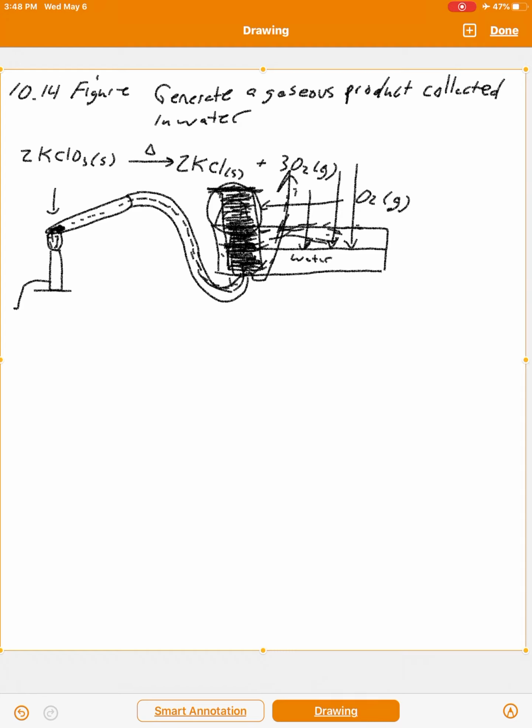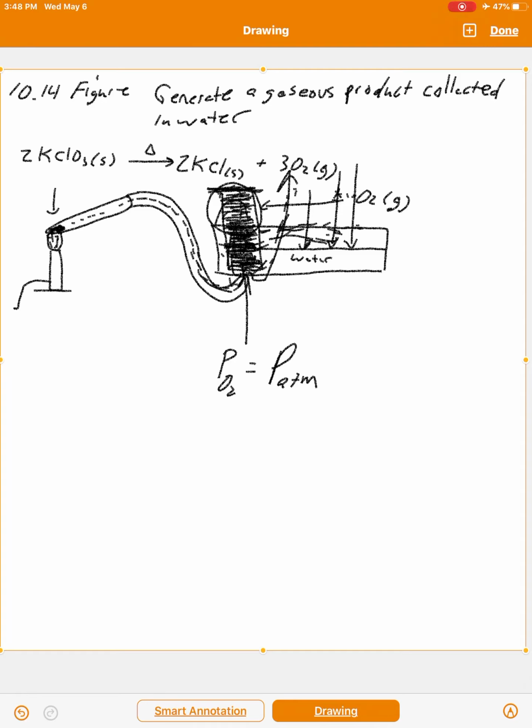So the pressure of the oxygen is equal to the pressure of the atmosphere, because if it gets any larger, it'll just bubble out until it decreases to that pressure. However, there's a problem. The problem is that water exerts a pressure as well. I'm not talking about hydrostatic pressure, the pressure of a liquid.